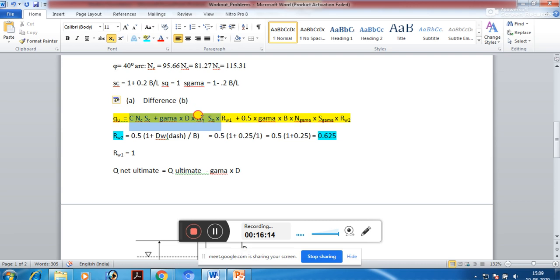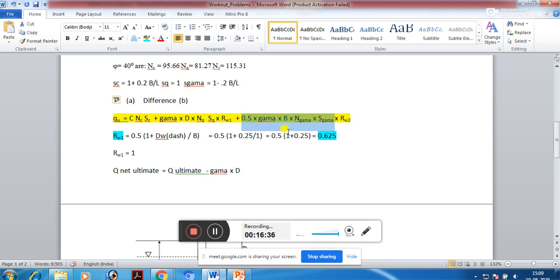So up to this term, the quantity calculation from these two factors will remain the same. However, what will happen to the third term, this 0.5 gamma B N gamma S gamma? Up to this it will remain the same.